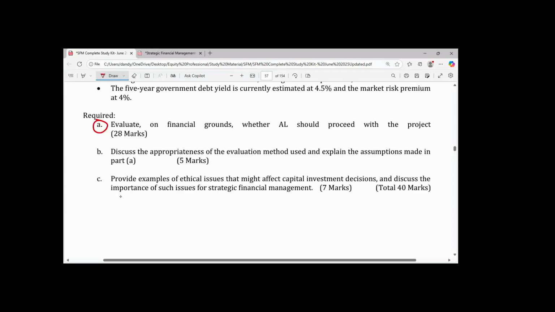At this point, you will recall that when we had capital budgeting, when we calculated NPV, I mentioned that anytime an examiner asks you to evaluate, assess, or ascertain whether a project should be undertaken, the technique the examiner is expecting you to use is NPV. Why? Because NPV is a technique that is consistent with the shareholders' wealth maximization objective.